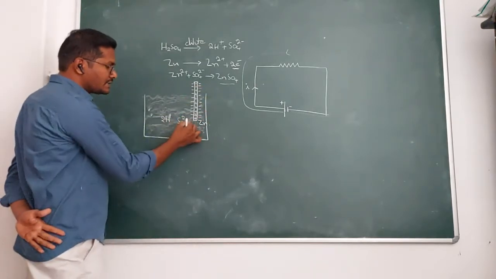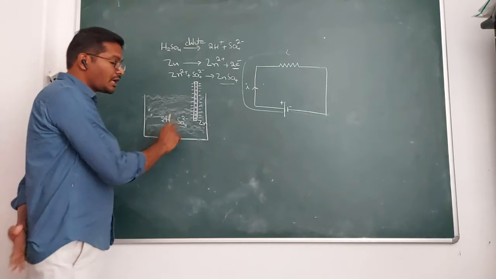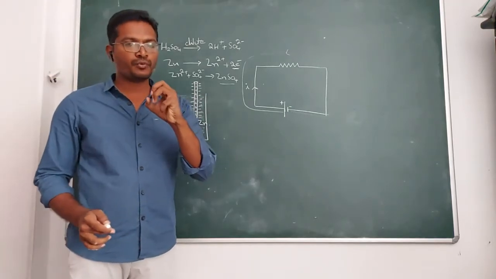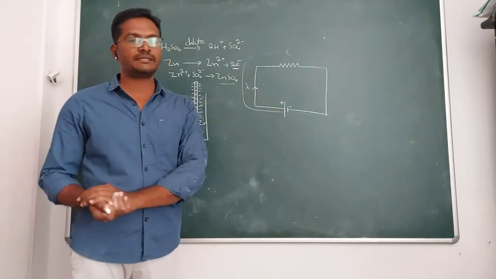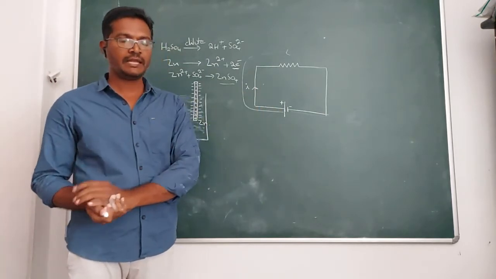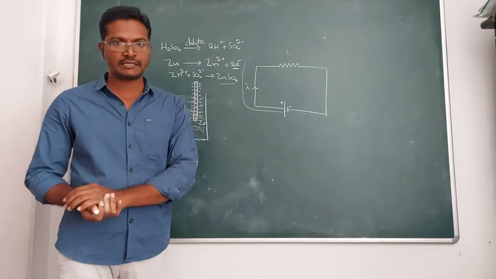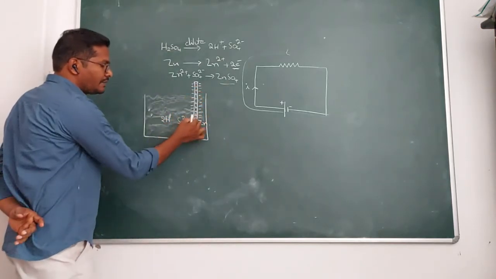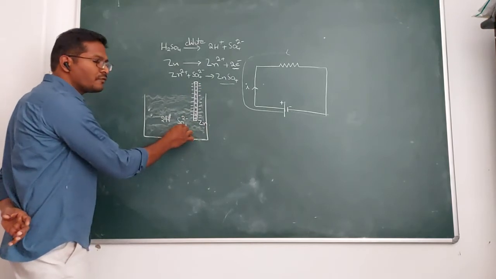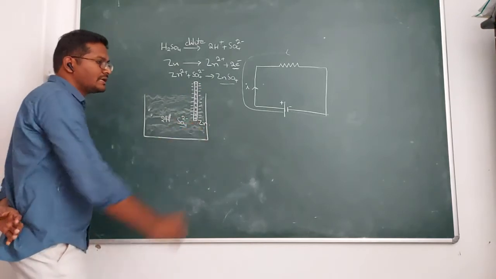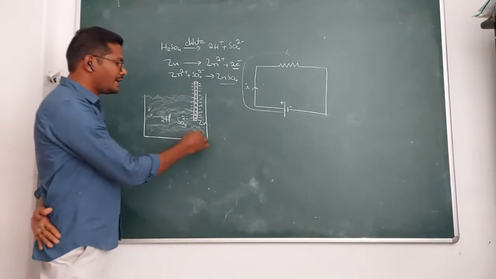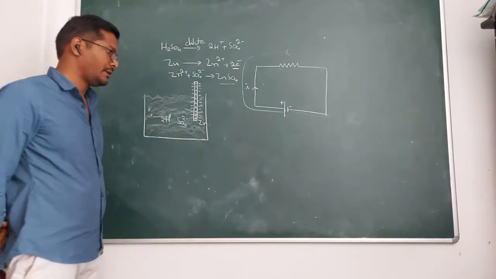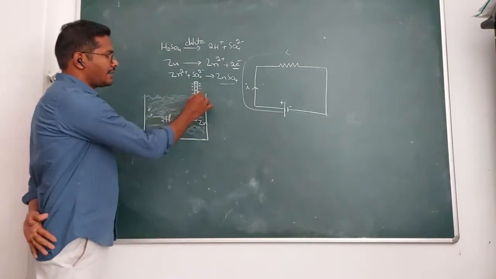This negative charge can repel the other negative charge, so that another SO4 2 minus cannot come towards Zn. Then an equilibrium state is attained. This negative repulsion does not allow one more SO4 2 minus to come towards Zn. So then Zn becomes a positive rod here. Now you have the electrons.